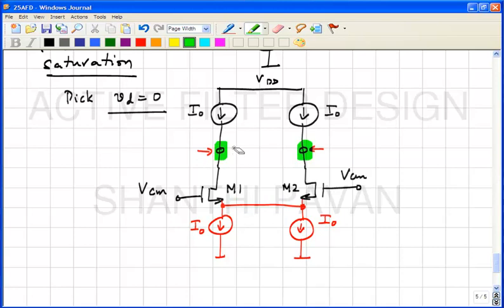So, can you comment on this potential now? We know that this current is 0. So, if this current is 0, what is this current? I naught. All right. So, now can you comment on this potential?